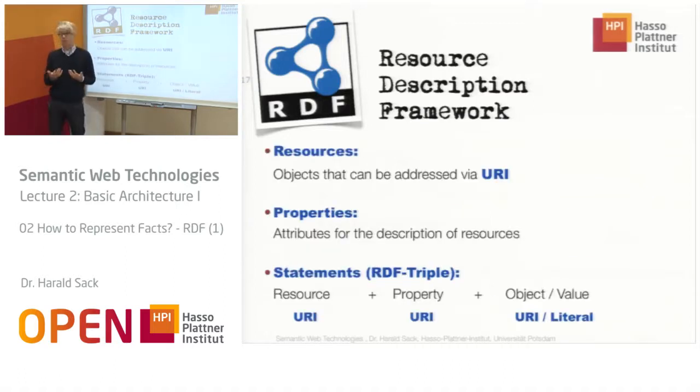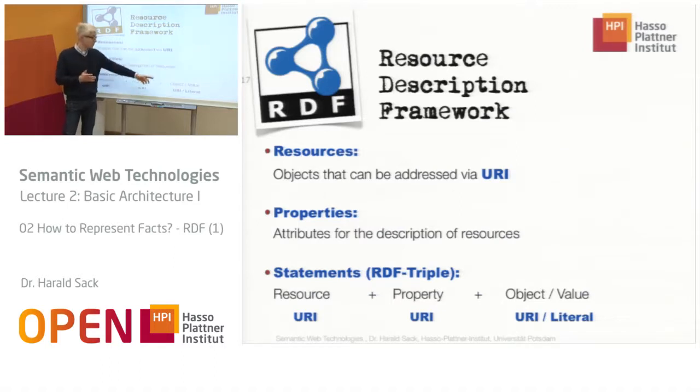So we are talking about resources. Subject and object can be resources, of course, and these can be addressed via URIs. And the property is nothing else than the attribute for the description of resources. This is also a URI, so we denote the property with a URI. And this property can have a value, and the value might be another resource, or if it's descriptive data, it can also be a string or simply characters.